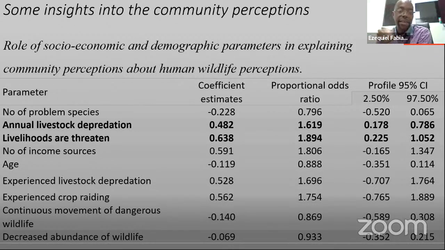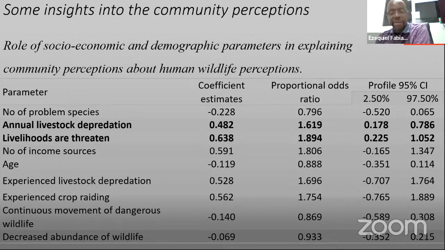Literature does indicate that various parameters, both social, economic and demographic, may play a role. But here we ran a few models, and I'm only presenting the 8 variables or parameters that were part of the top models that we ran.